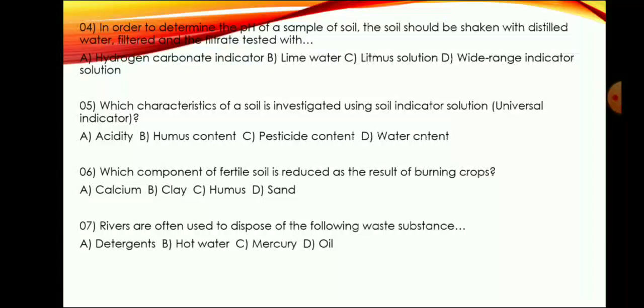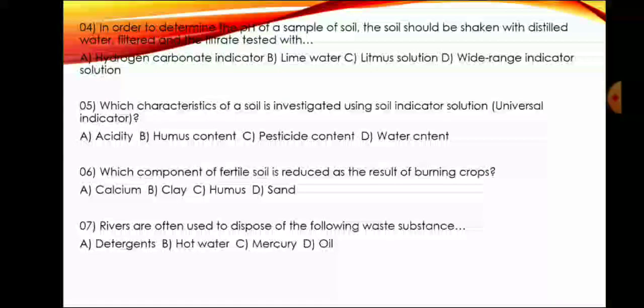So when the soil is fertile and burning of the crop takes place, the temperature increases, which is helpful to decline the humus of the soil. So, in such a way, the correct answer is C.